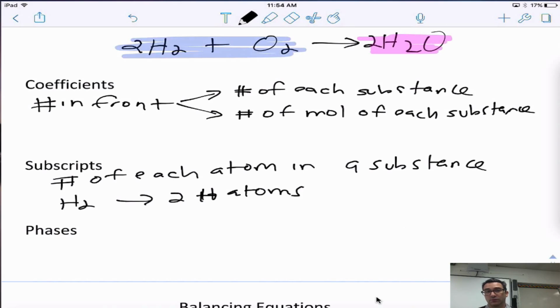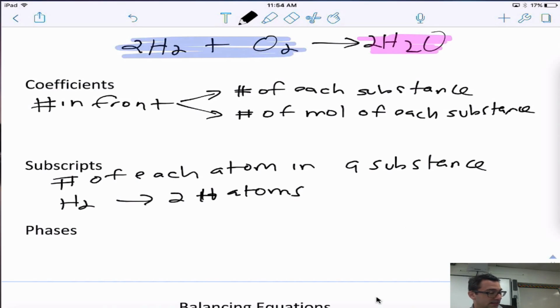On the left, we have 4 H atoms, and on the right, we have 4 H atoms. On the left, we have 2 O atoms, and on the right, we have 2 O atoms. Notice that I leave out the 1 in front of O2. Although it will be accepted, it's generally frowned upon to put a 1 there. If there's no number in front, it means you have 1.